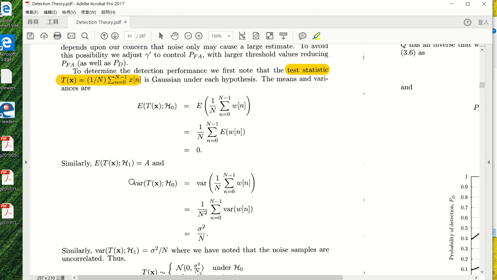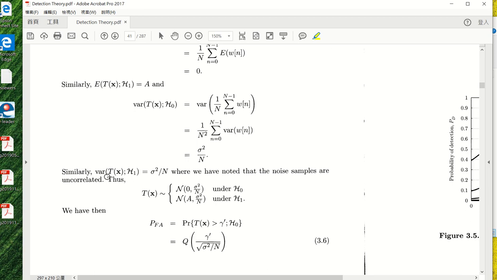And then if you take the variance of T of X on H0, then you are starting to take the variance of this thing. This thing is the same as this thing, okay? And then, of course, all the samples are IID, and then the variance comes in. If they are not IID, the variance does not come in. This equation holds only if the samples are IID. So now you have this 1 over n squared, which comes in here, then sigma squared over n.